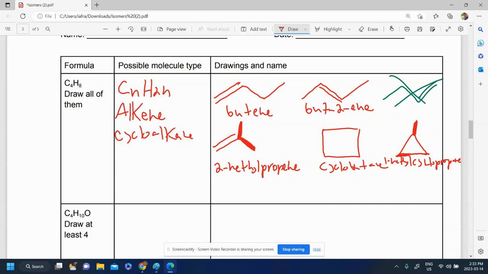So our strategy here was to first figure out what type of molecules you can have, and based on the formula, it looks like you could have alkenes or cycloalkanes. The alkenes, we drew the longest ones first.